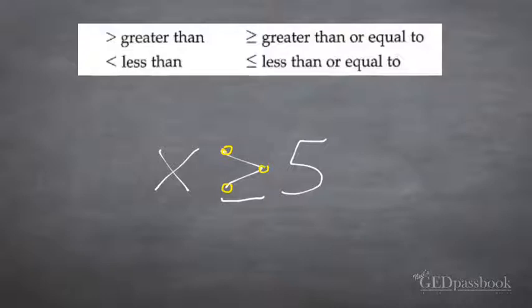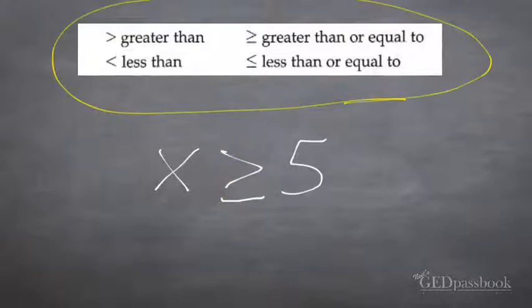Draw 3 points on each end of the inequality sign. Whatever side has the 2 points, that's the greater side, right? So X is greater than 5 because there's 2. Those are just tricks to remember this, nothing else.